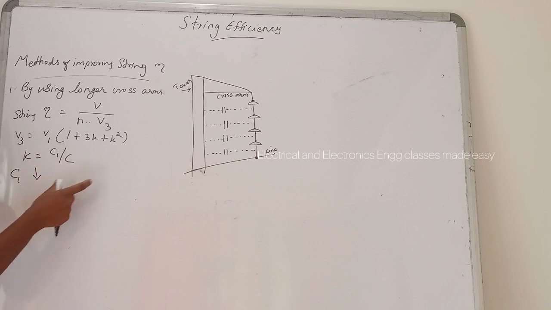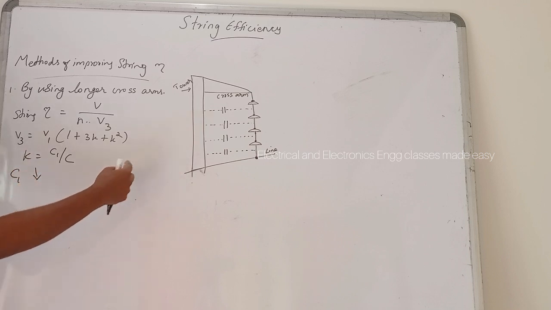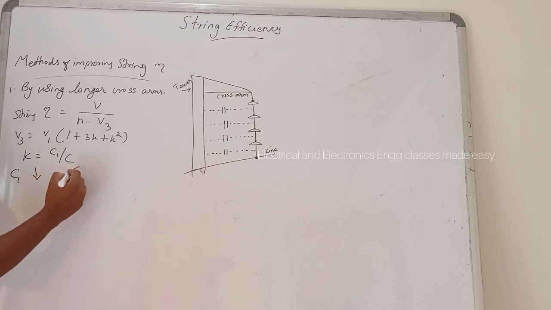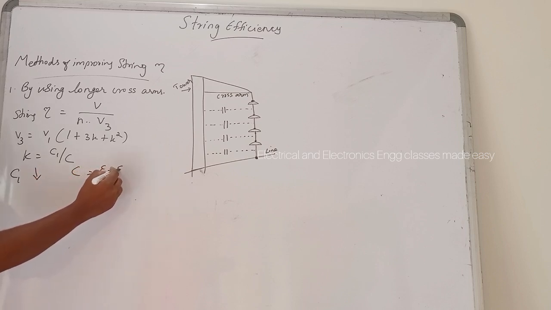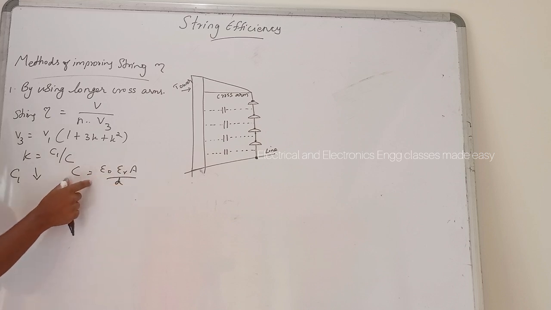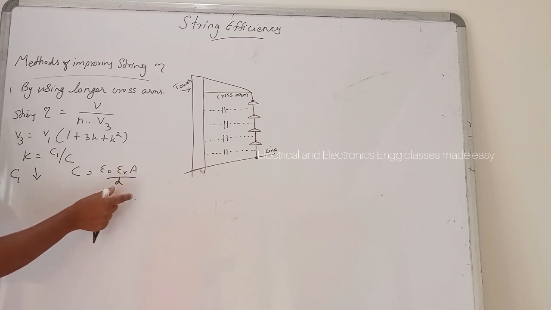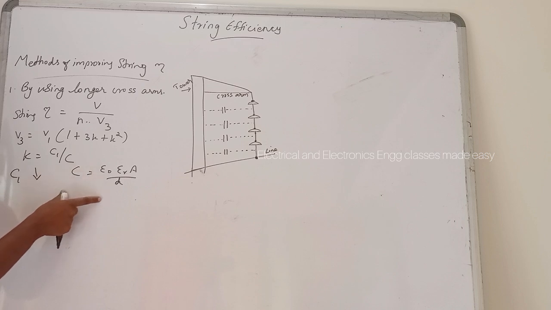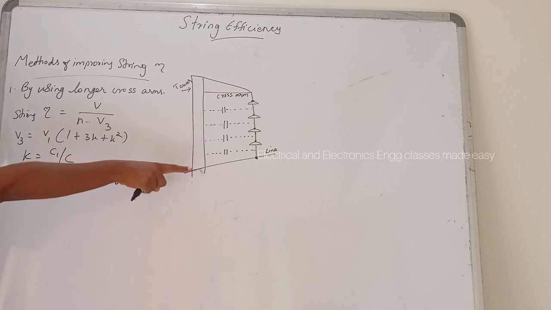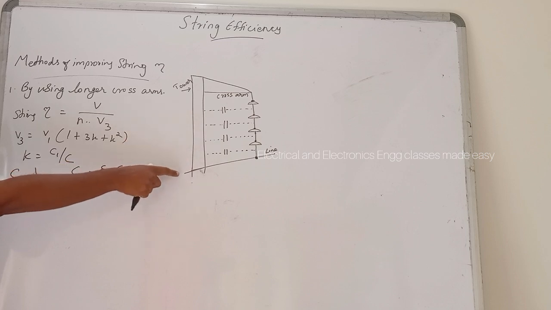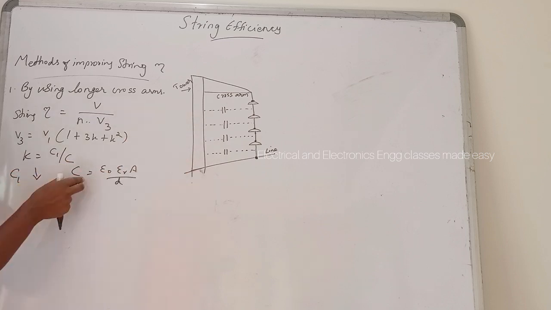The distance from the tower must be increased, since C is equal to epsilon 0 epsilon r into A by D. So capacitance is inversely proportional to the distance. If the distance of the conductor from the tower is increased, then we can decrease the value of this shunt capacitance.